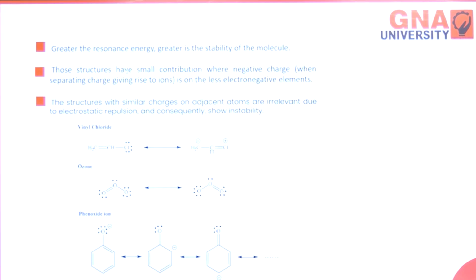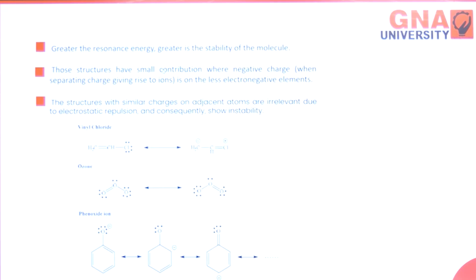Those structures have a small contribution where the same charge is present on adjacent atoms, because the same charges repel each other, so that structure will be less stable, right?